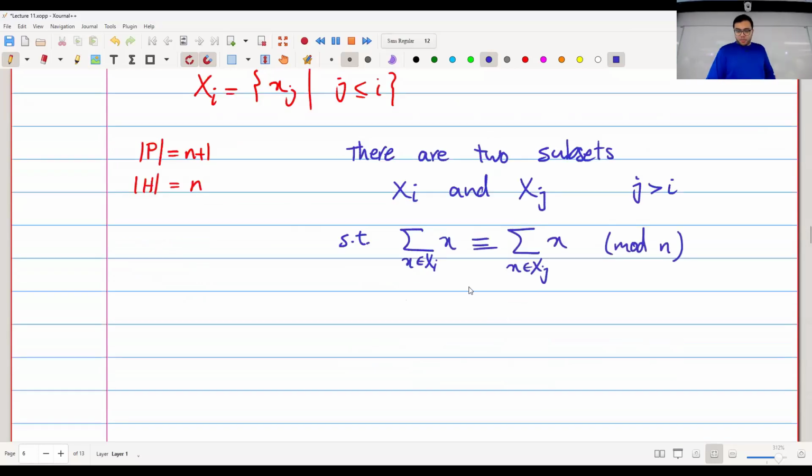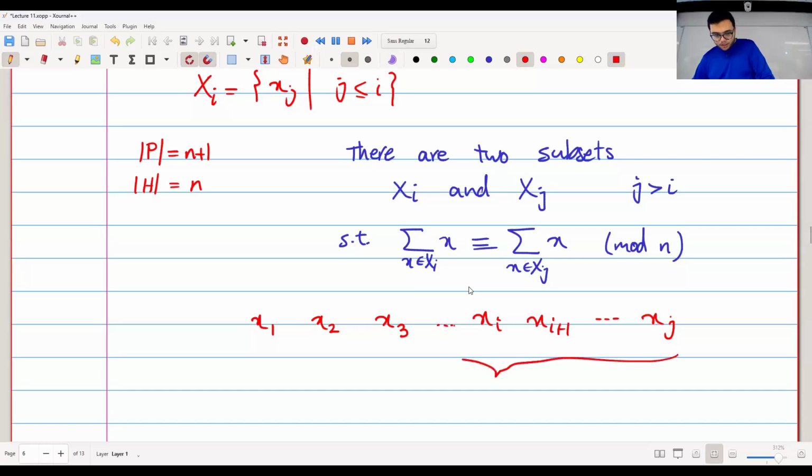But this is great. Because if I look at Xj, it has all the first j elements. So it has x1, x2, x3, and so on, xi, xi plus 1, and so on to xj. Again, small x are elements, big X are subsets. These are all the elements that are in the set big Xj, and these ones are the elements that are in the set big Xi.